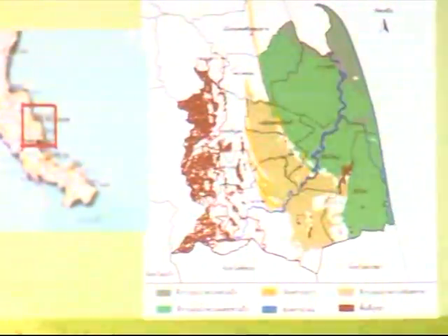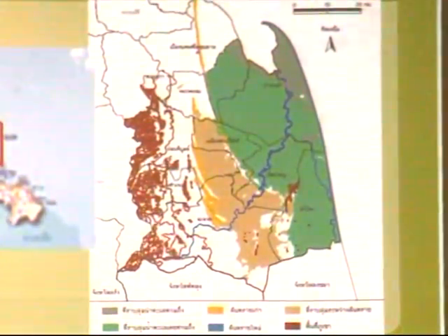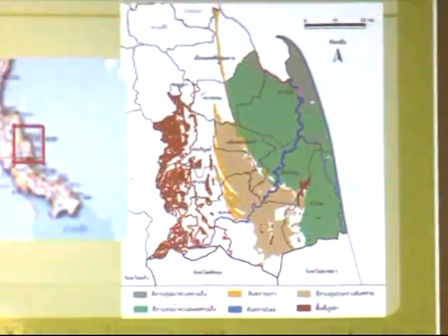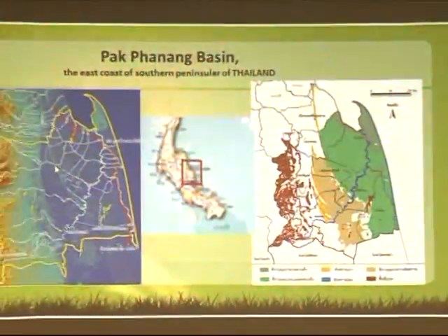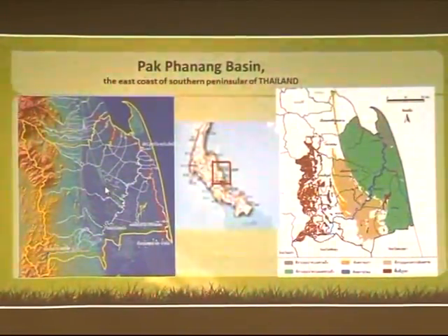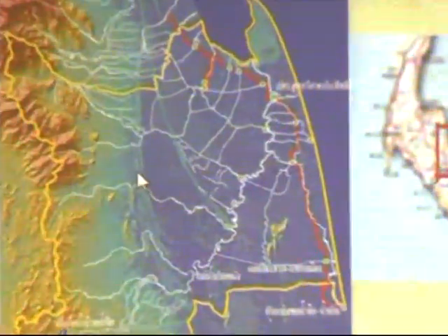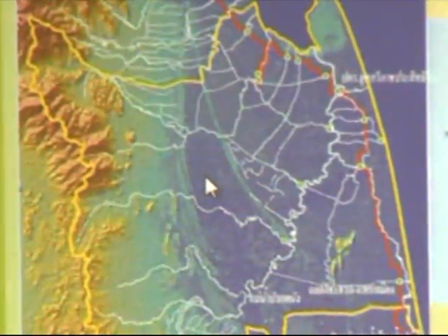Next, in the middle watershed, you can see in the picture, there are two old beach ridges, north to south. Between the old beach ridges is characterized by coastal plain.